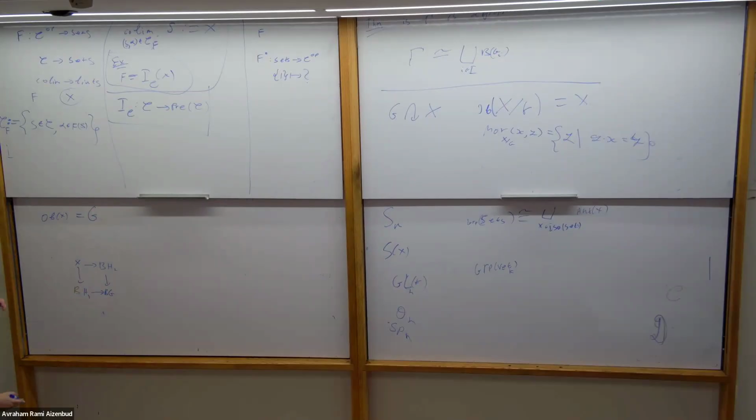And now what is the set of morphisms? So given G1 and G2, what is the set of morphisms?